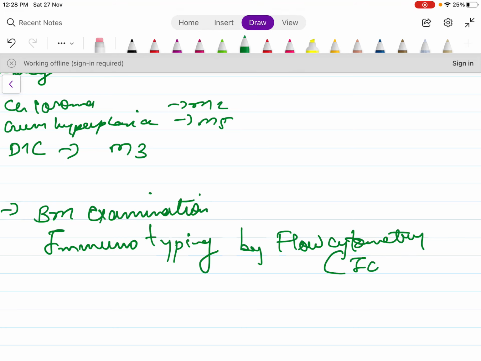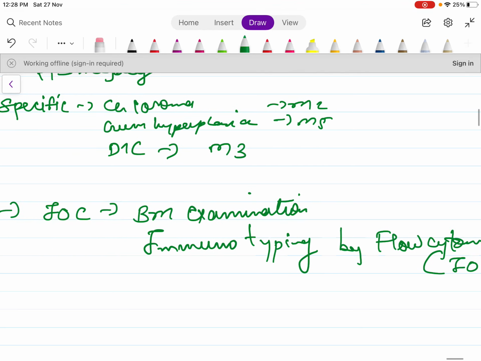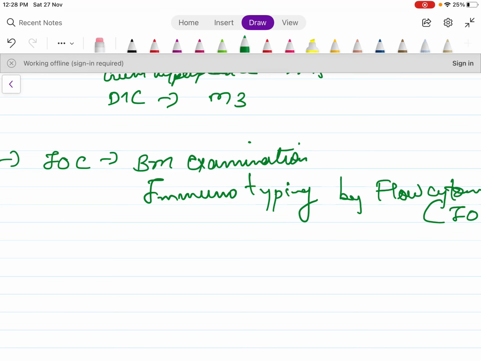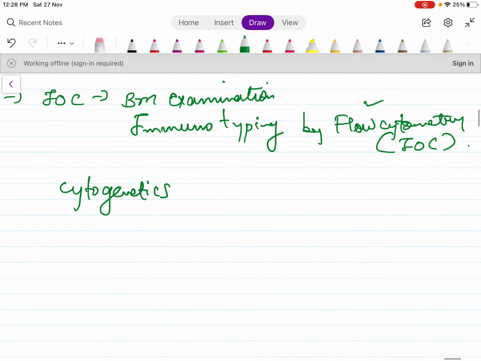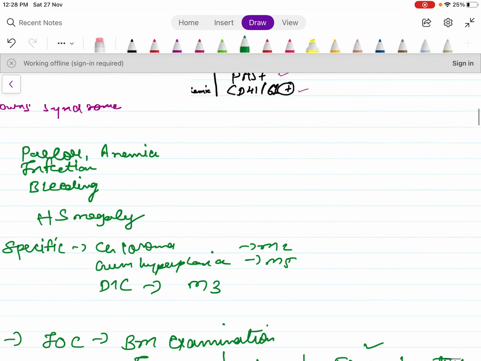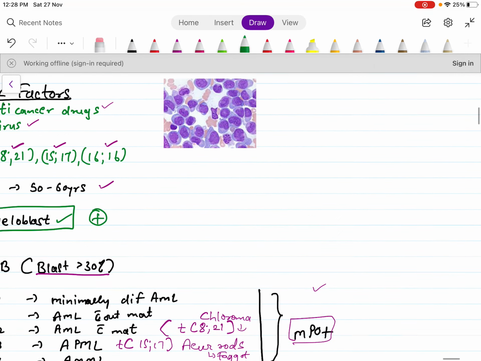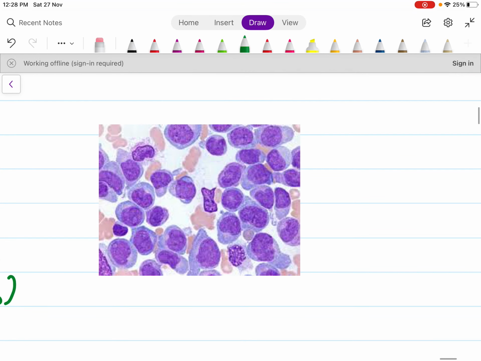So this is the investigation of choice. Then we can also do cytogenetics, but this will be enough for the diagnosis. And in the blood smear you can see these immature myeloblasts in the blood. So the blood picture will look like this.